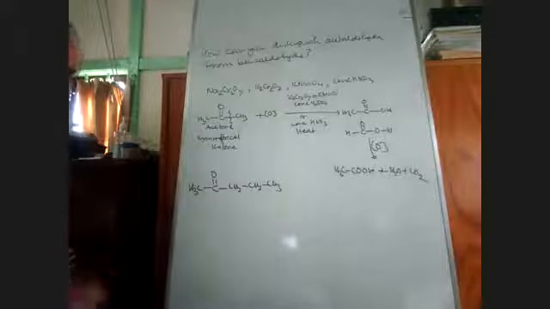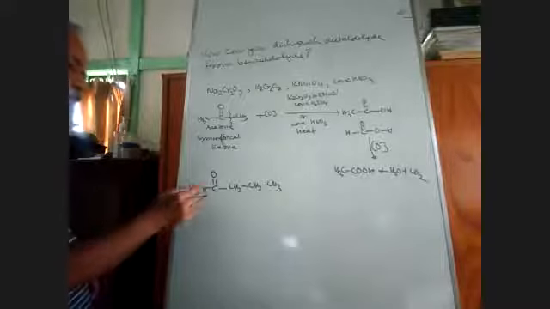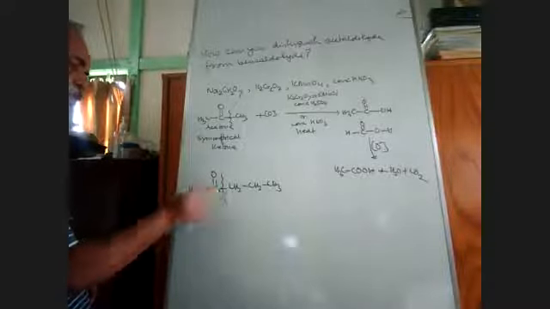Please remember, in case of unsymmetrical ketones, the smaller alkyl group will always remain with the carbonyl group, so it will break here. So before writing this example, write one statement.